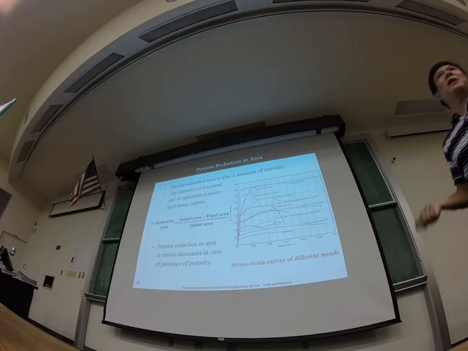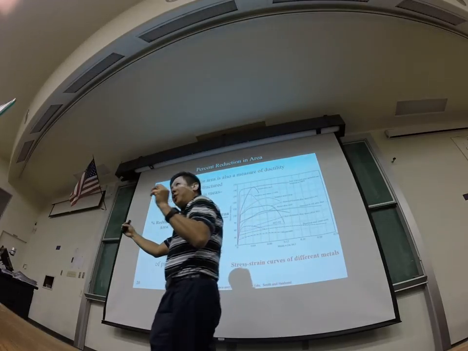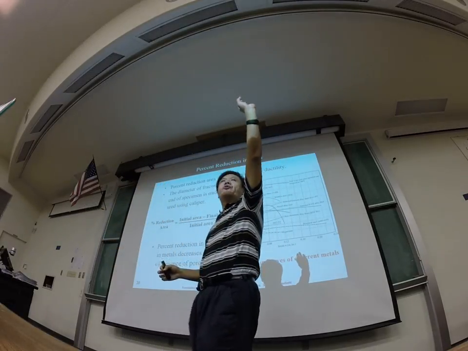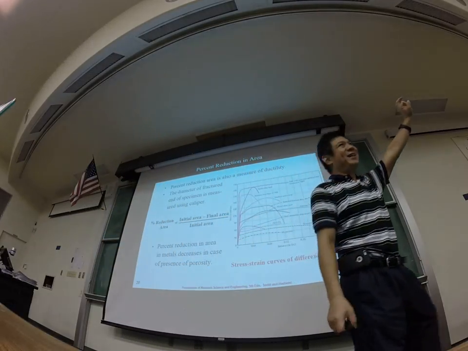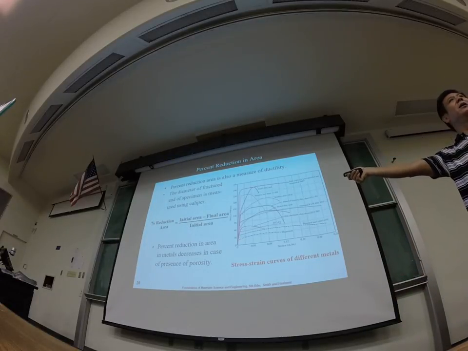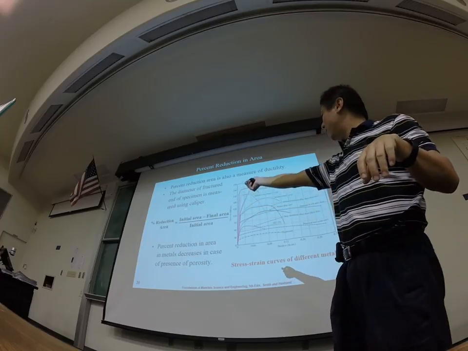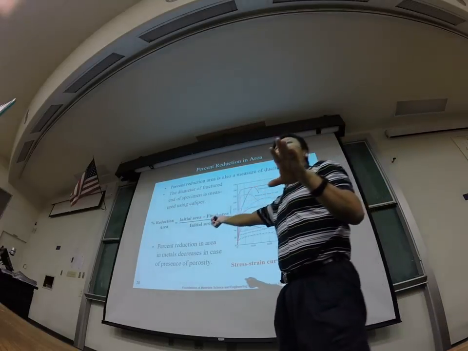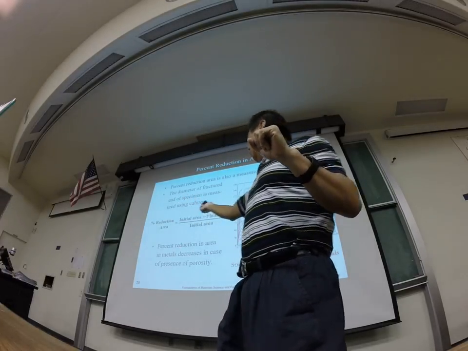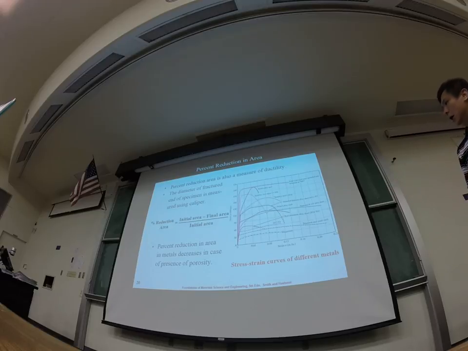Another way to define the ductility, in addition to the length change, is to measure the cross-sectional area. We call that the percentage reduction in the cross-sectional area. So we use the initial area minus the final area, divided by the initial. That one is also very easy to measure.